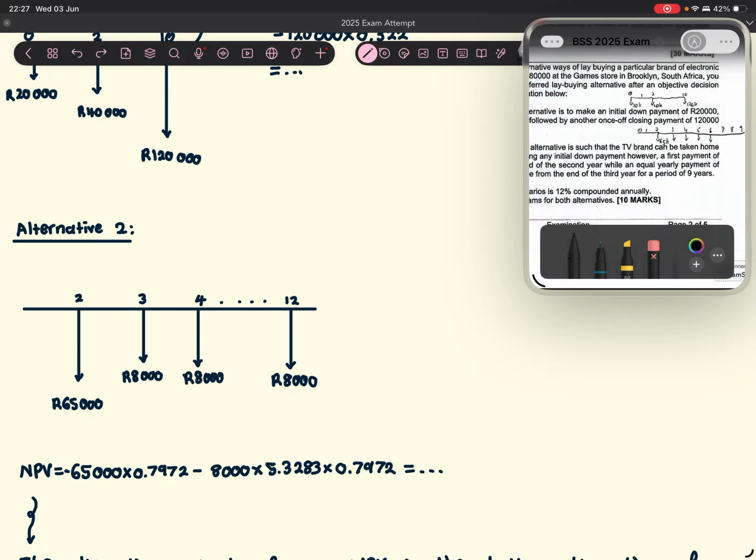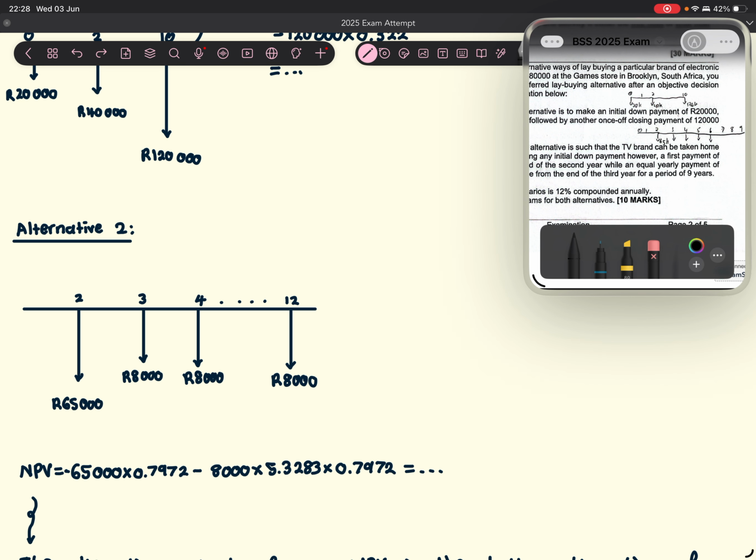It's the same 8,000, 8,000, 8,000 for 9 years. If there's a gap in between, then that's not an annuity. For example, if we had 8,000, 8,000, and then skipped year 5, but in year 6 carried on paying the 8,000, then you'd have an annuity between year 3 and 4, but not year 5 because there's a break. It's not consecutive. Then from year 6 up until year 12 you would have an annuity again. So hope that makes sense.